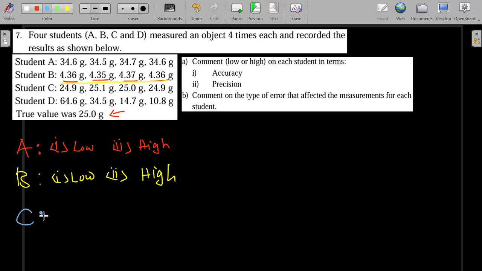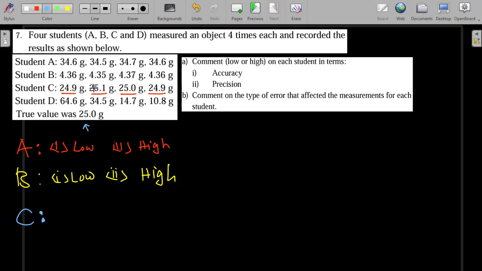What about student C? Student C, we have 24.9, 25.1, 25.0, 24.9. These measurements are closer to the true value. We see that they're close, because the true value is 25.